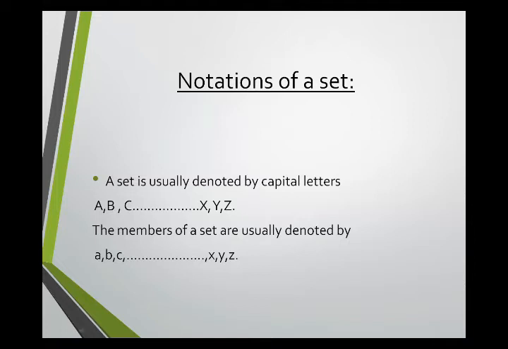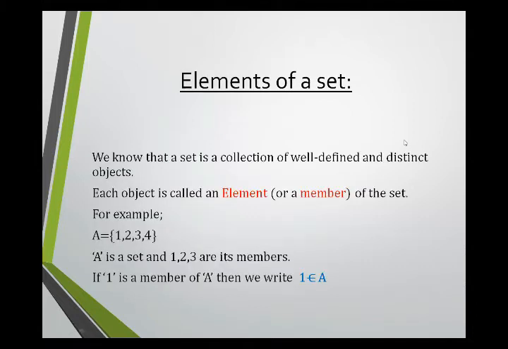Okay, now the next one is elements of a set. As we know, a set is a collection of well-defined and distinct objects. Each object is called an element or a member of the set. For example, A is equal to braces 1, 2, 3, 4.